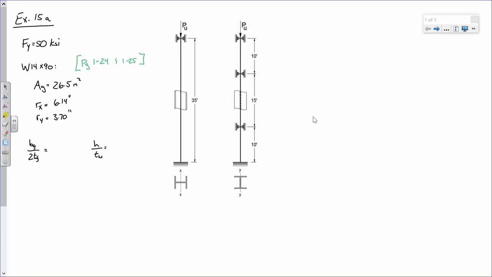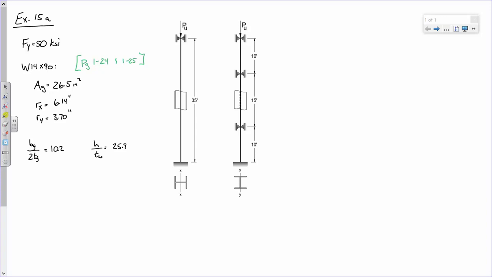Somebody tell me. 10.2 and what? 10.2 and 25.9. What are the units? There are no units. This is a slenderness value. Slenderness values are unitless. Like this is inches over inches, inches over inches. So slenderness values are always unitless.